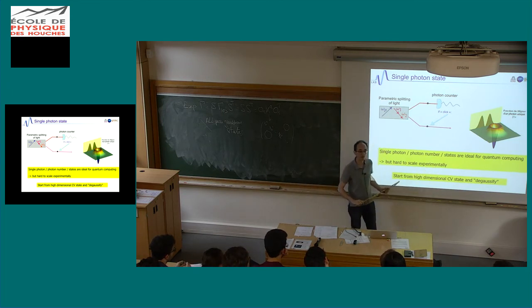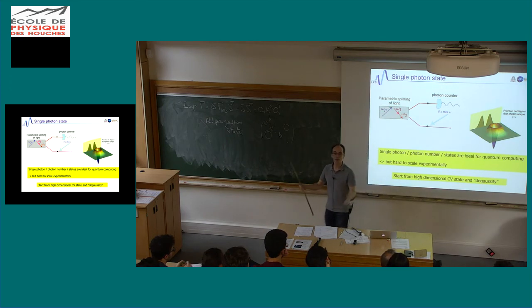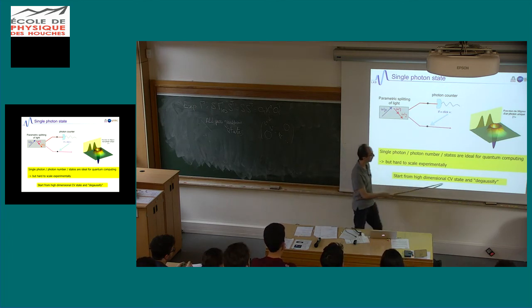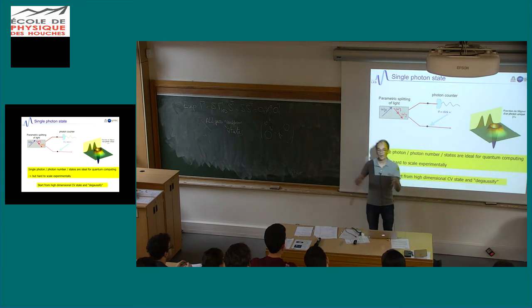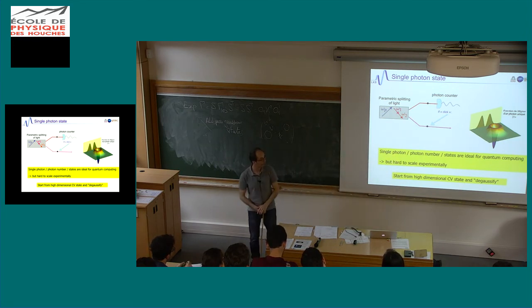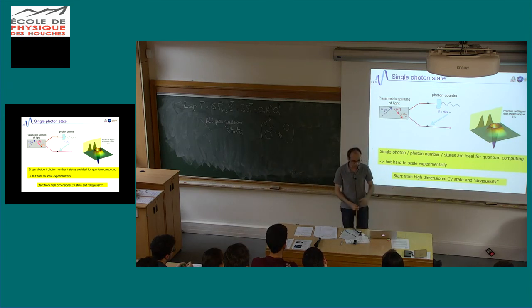On the other hand, multimode entangled states in the Gaussian regime, this is what I've shown you from the cavity, are a deterministic generation. So you can get quite easily big-dimension continuous variable states with large entanglement. So the idea is to mix these two things. This is somehow called hybrid quantum optics, and there are different ways of doing that, and I will show you one.